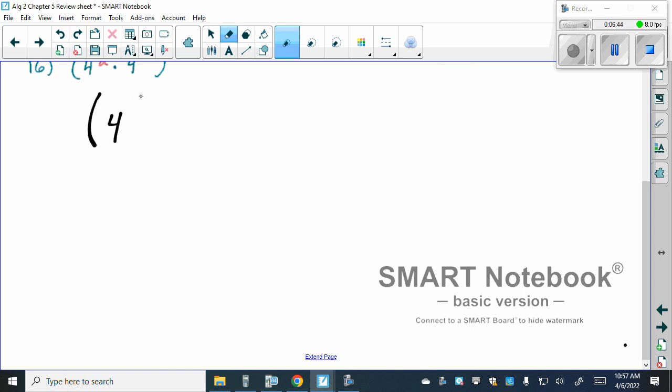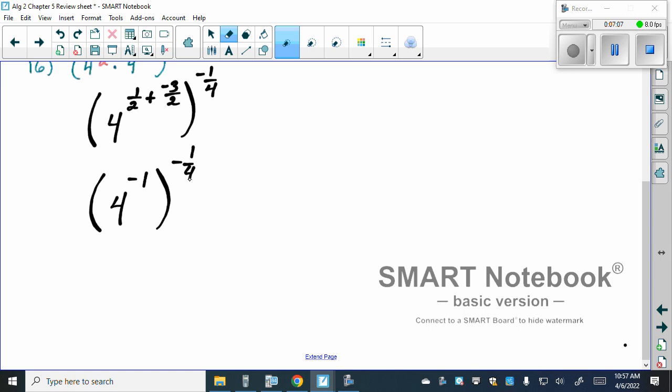which would be 1/2 plus -3/2, and we have this to the -1/4. Now what is 1/2 plus -3/2? It would be -1, because we would have 1 minus 3, which is -2, and -2 divided by 2 is -1.